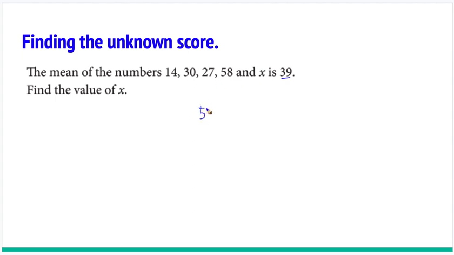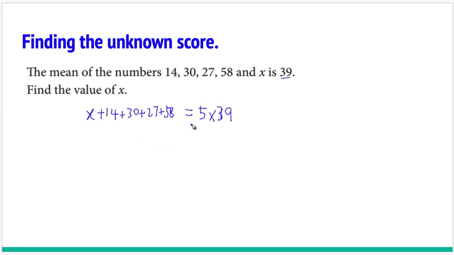Therefore, the total score is 5 times 39. And the total score is also all the numbers adding up, plus x. There's an unknown score.